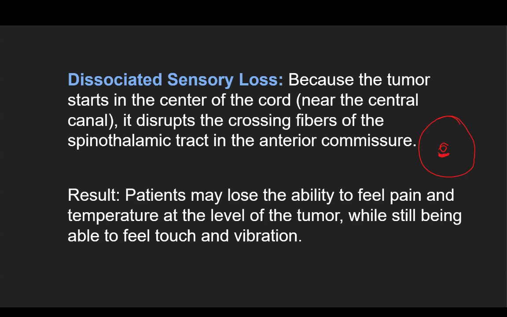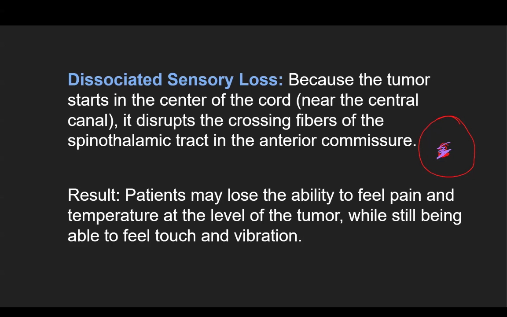And the spinothalamic tract is crossing in this anterior commissure. What ends up happening is, if the tumor grows somewhere here, it ends up involving the spinothalamic tract as well in the process. And that leads to loss of the ability to feel pain and temperature at the level of the tumor. Did I make myself clear?